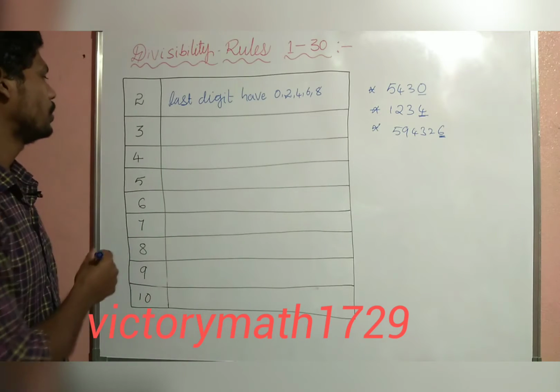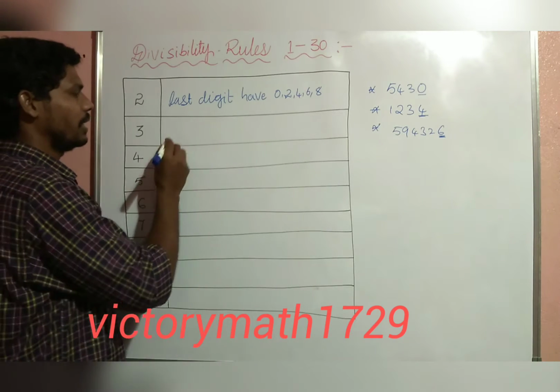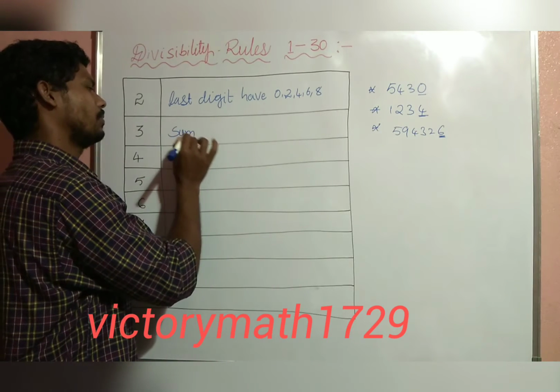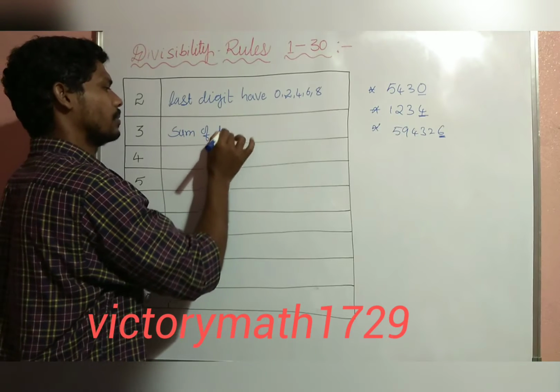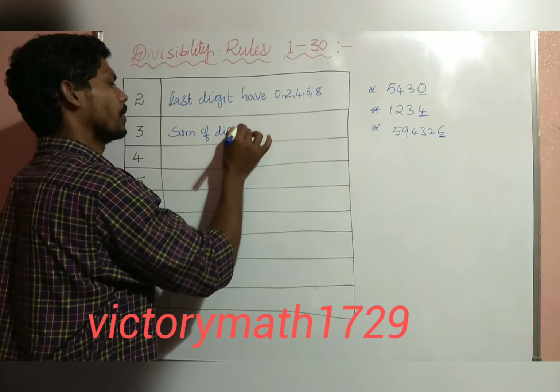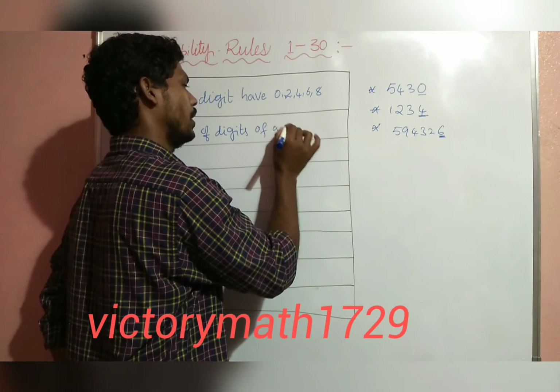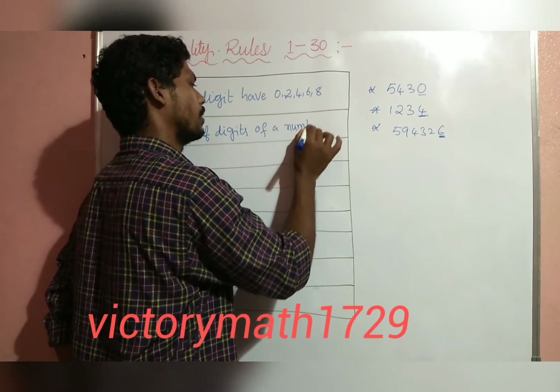Now coming to the divisibility rule of 3. Here we need to check the sum of the digits of a given number.